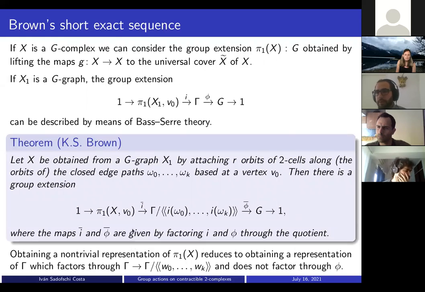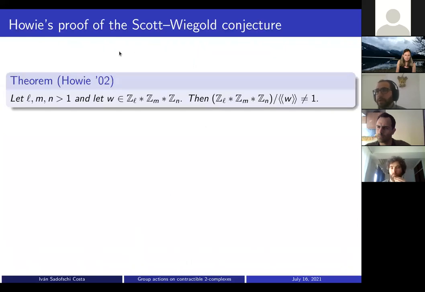we used a method which is inspired by a method that Jim Howie used to prove the Scott-Wiegold conjecture. So the Scott-Wiegold conjecture is the following statement. If we take a free product of 3 non-trivial finite cyclic groups, and we mod out by one word, then the group that we obtain is non-trivial.